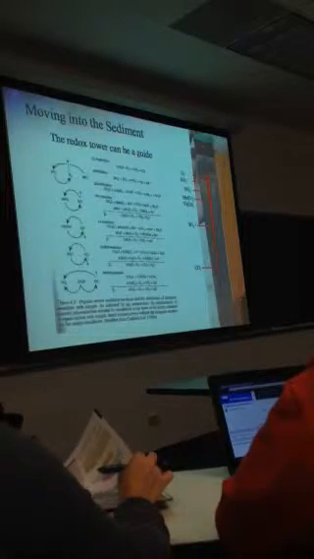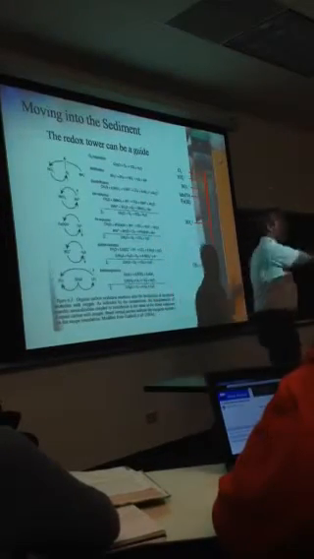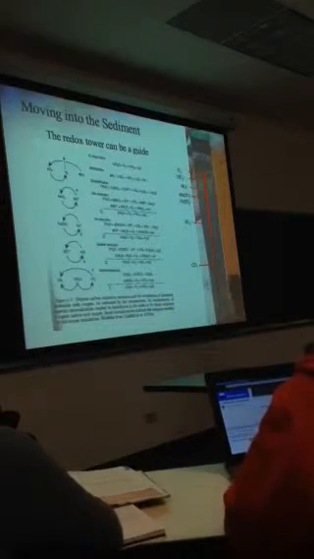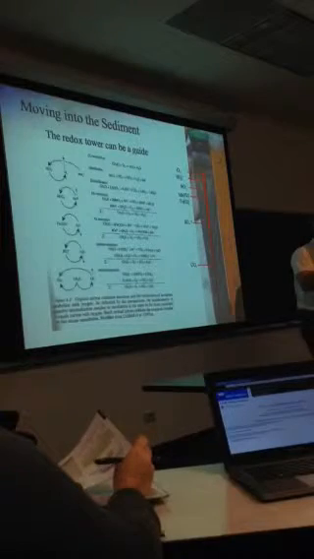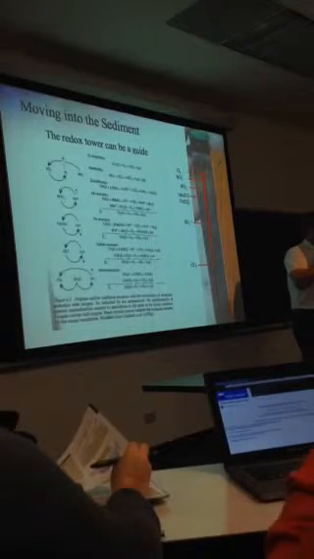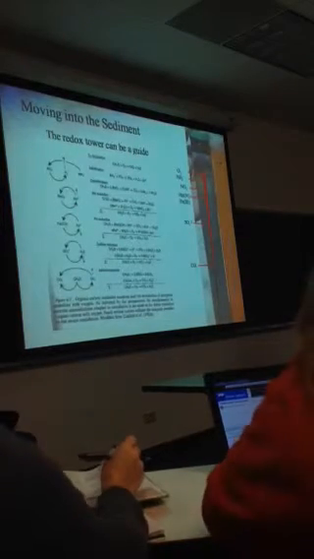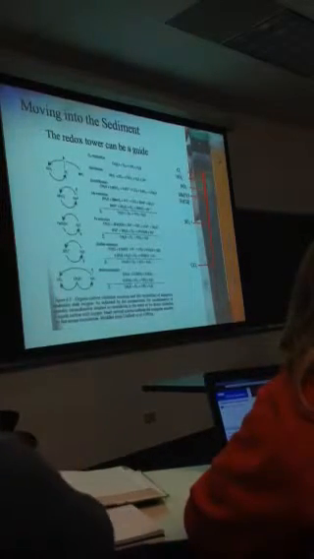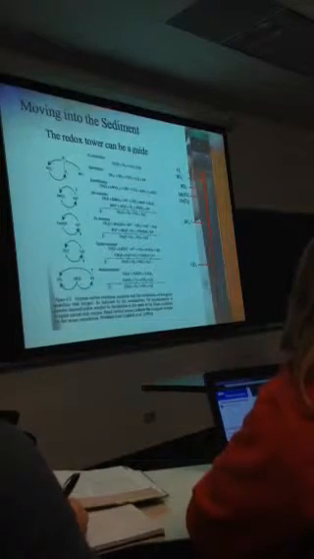Now the nitrate users kick in and say, great, get out of my way. I can breathe nitrate, sorry, get the molecule right. I get the most energy, so I can outcompete everybody else beneath me. I'm going to breathe nitrate and eat the candy bar. We run out of nitrate.